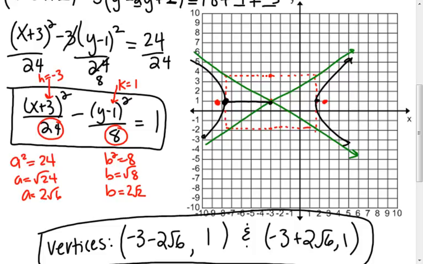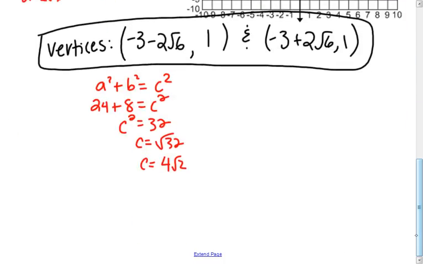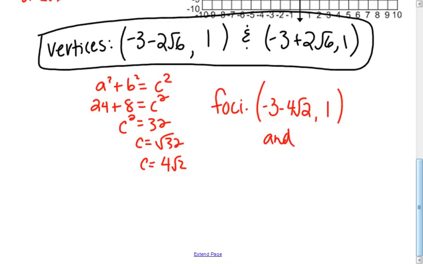And your foci would be the square root of 32, which we know is 4 root 2, to the left and right of the center. The x value of the center was -3, so I'm going to go -3 minus 4 root 2, and I was 1 up, and -3 plus 4 root 2, and I was 1 up. So there's your foci.